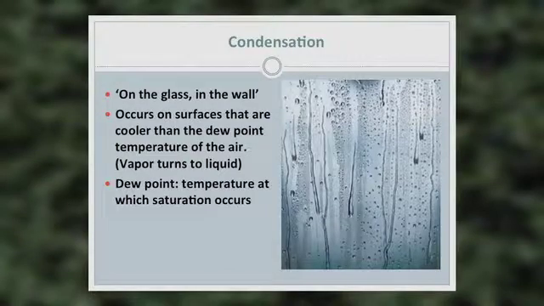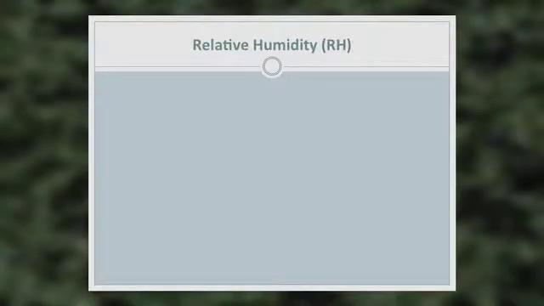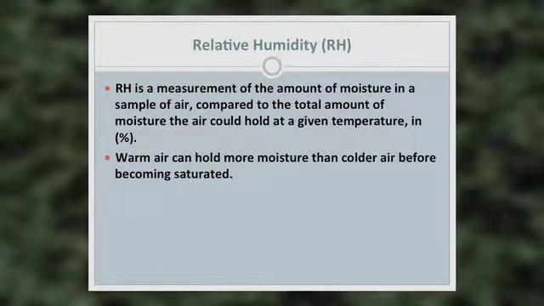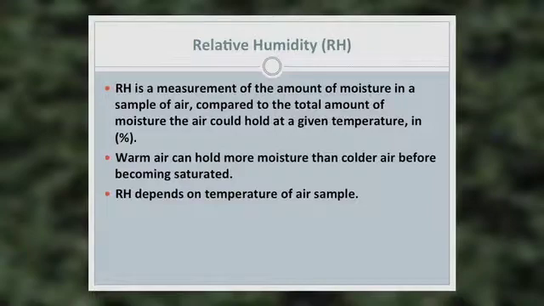The dew point is the temperature at which saturation occurs. Dew point is 100% humidity. Relative humidity is the measurement of the moisture in the air relative to the amount of moisture that the air could hold. Warm air can hold more moisture than cooler air, and relative humidity depends on the air temperature. As air temperature goes up, relative humidity goes down.